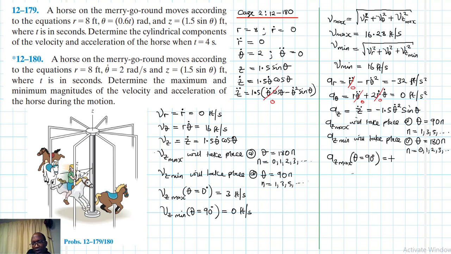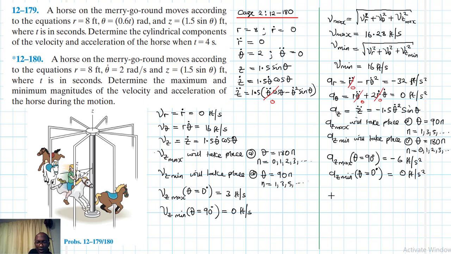You expect minus 1.5 by theta dot squared. Theta dot is 2, so 2 by 2 is 4, 4 by 1.5 is 6, so this becomes 6 feet per second square. Alright, and then AZ minimum at theta equal to 0 degrees, this just becomes equal to 0 feet per second square.